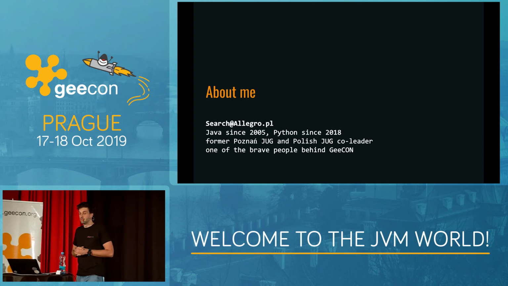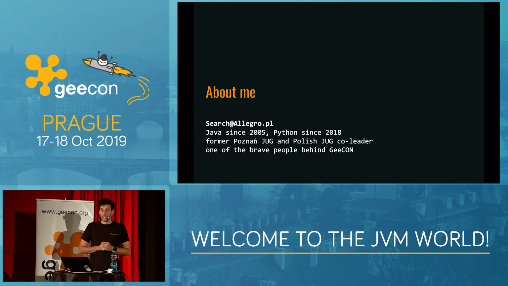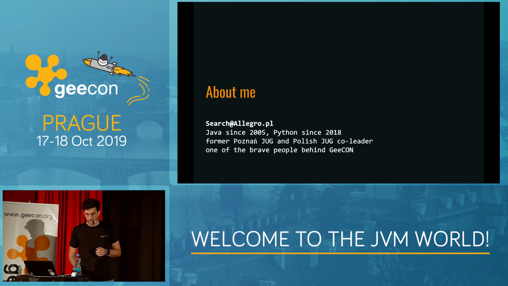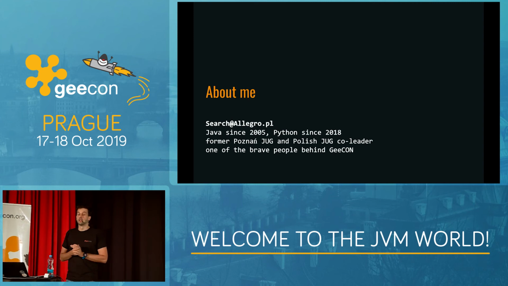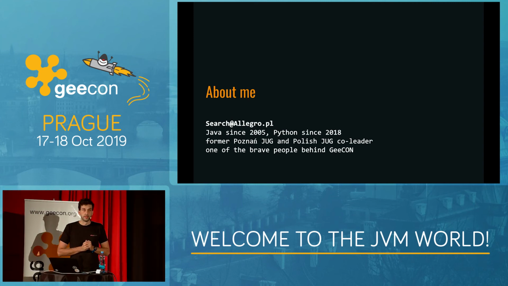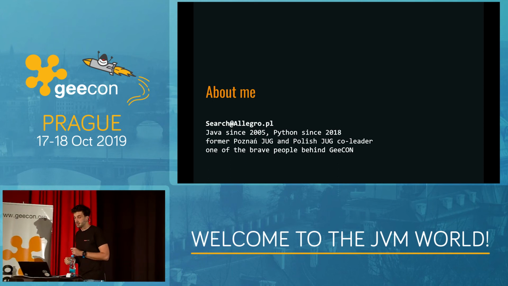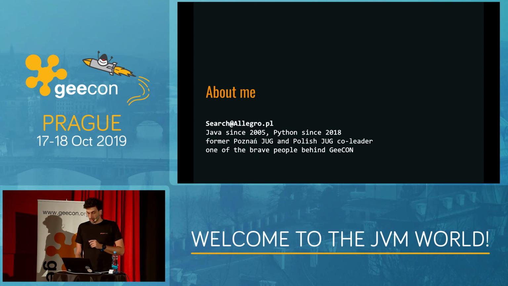On a daily basis, I'm responsible for the Allegro search engine, in which we use machine learning every day. I was also, and still am, a bit involved in the Poznań Java user group, and in this small, humble conference. So let's go.